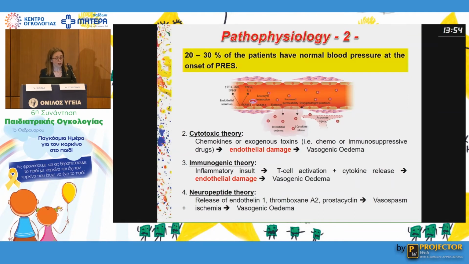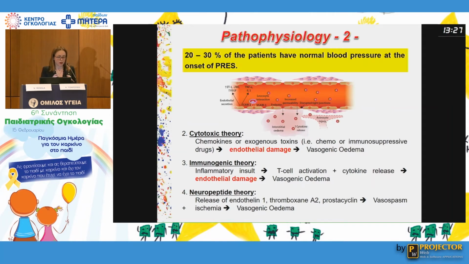But we know that in 20-30% of the patients, we don't see abnormal values of blood pressure, and that's why other theories have been formulated, which are the cytotoxic theory, the immunogenic theory, the neuropeptide theory. What do they have in common, these theories?